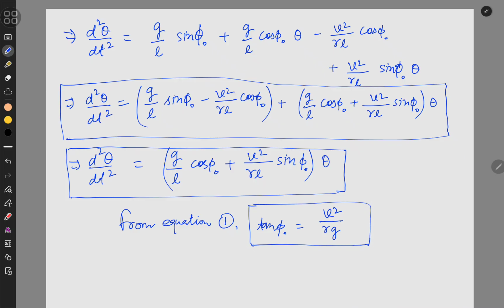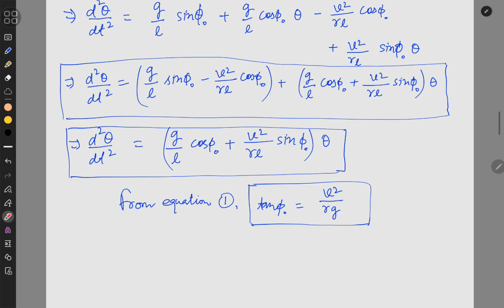Now it can help us to determine the cosine of phi naught and sine of phi naught, and we will substitute them into this equation. Let's say this is our equation 2, and then we can simplify further.